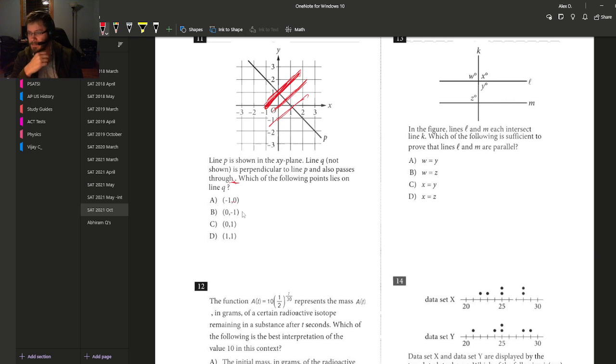Yeah, pardon me. -1, 0 is this line. So answer A. 0, -1, answer B. 0, 1. So A and C are on the same line. B and D, it's either B or D, but we can't know, so I'm not going to waste any more time on it.